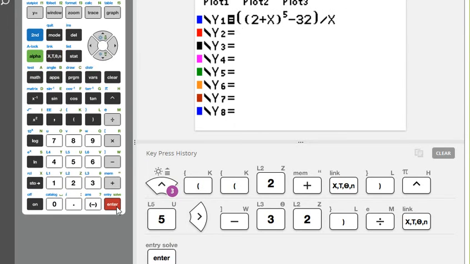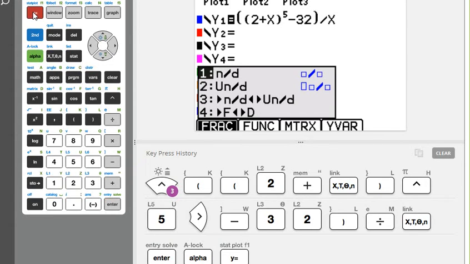That's one way. For those of you who have an up-to-date operating system, you can do something else which makes it a little bit easier, which is kind of cool. But everyone should have this. Good? Good back there? All right. So if you got an up-to-date operating system, try this. Hit the alpha key, then the y equals key. And that first selection there allows you to do a numerator and denominator, just kind of like you would write it.